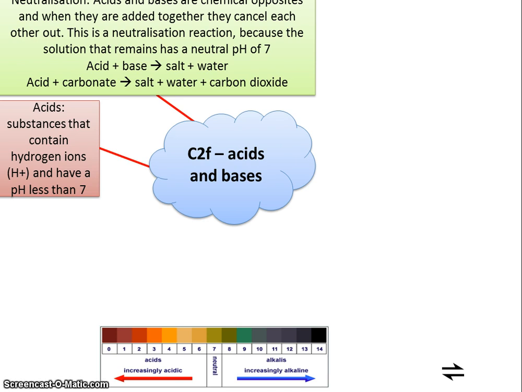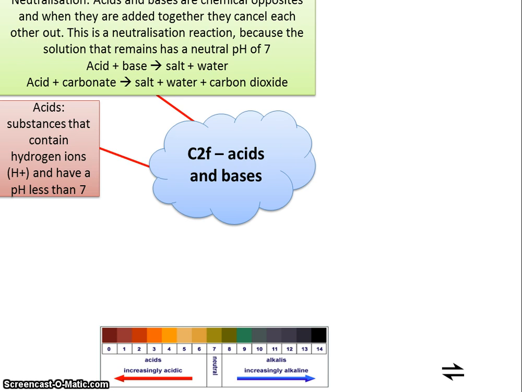The reaction between an acid and a base is called neutralisation, and this is as shown at the top. If a base is soluble in water, it is an alkali, and that's where the mix-up happens sometimes. So this shows you that not all bases are alkalis.